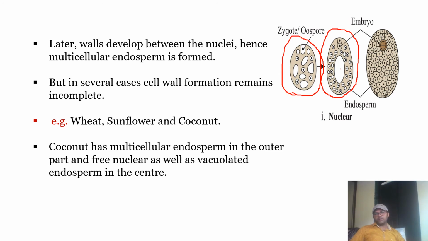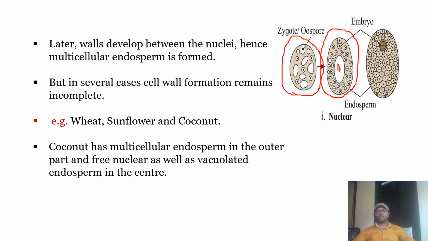And at the center there is formation of a vacuole, which results in pushing of these nuclei towards the periphery, and later on a cell wall forms surrounding the nuclei, but this formation of cell wall is incomplete.